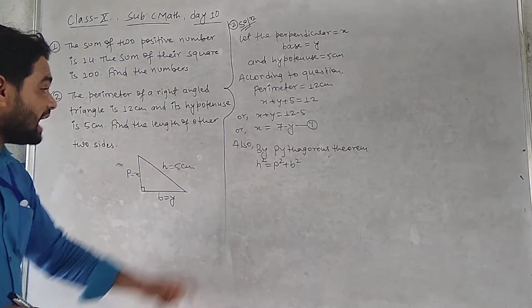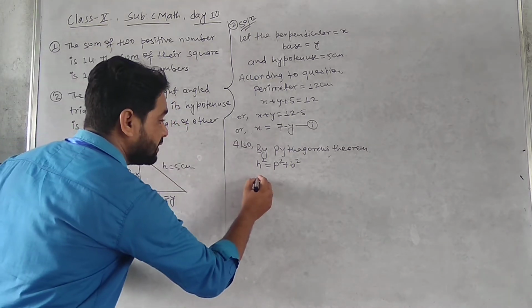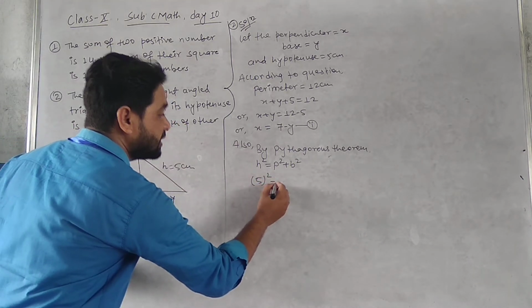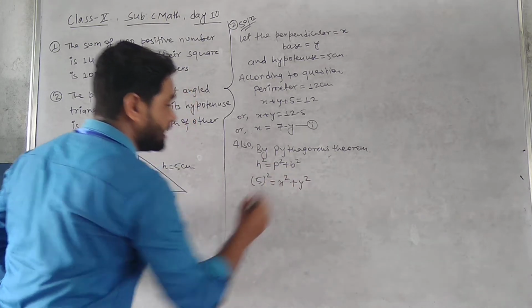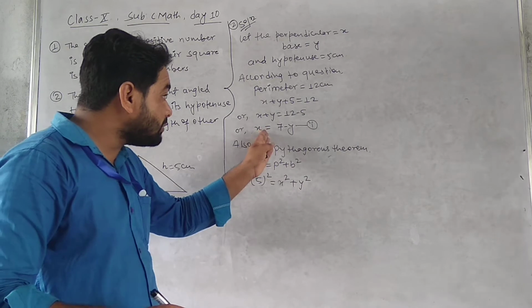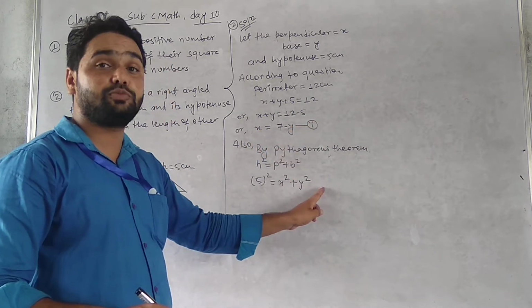We have the relation, and we are going to put the values over here. We have 5 square equals x square for p, and y square for b. And we have the value x equals 7 minus y from the first equation, so we put it over here.